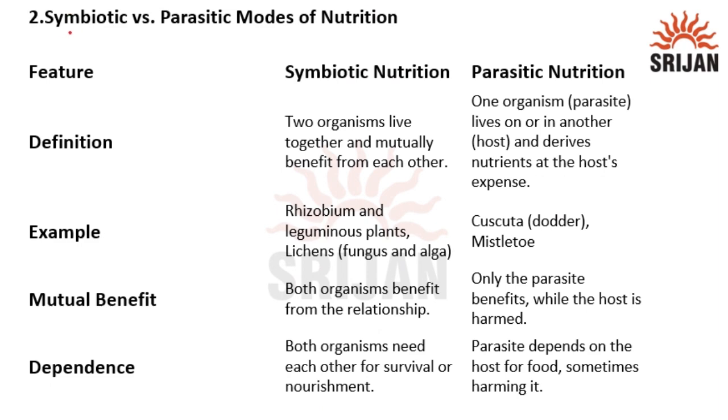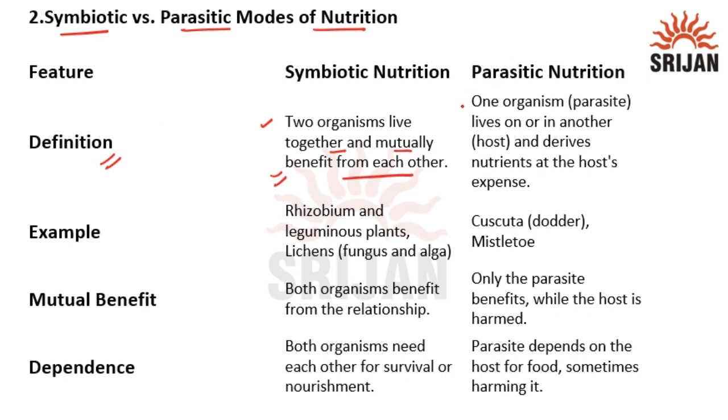Next difference is between symbiotic and parasitic modes of nutrition. Definition of symbiotic nutrition: when two organisms live together and mutually benefit from each other, it is known as symbiotic nutrition.